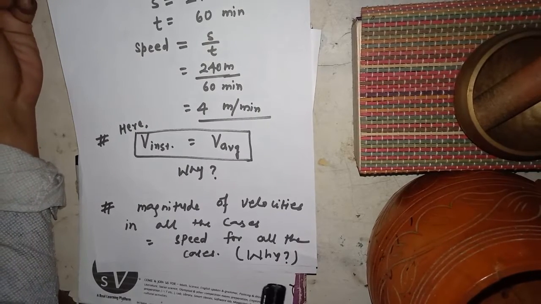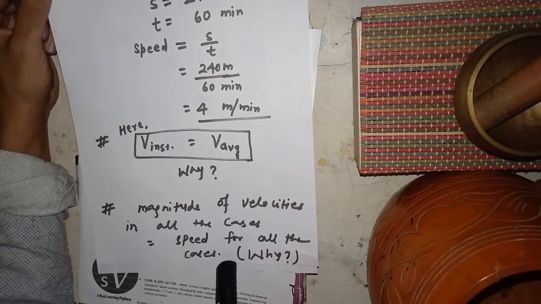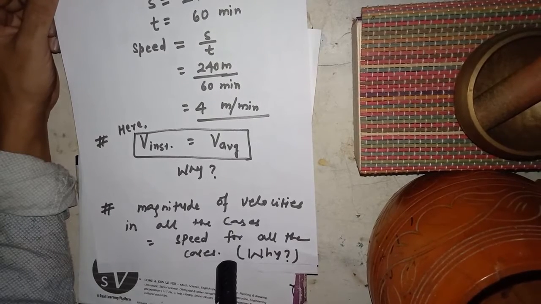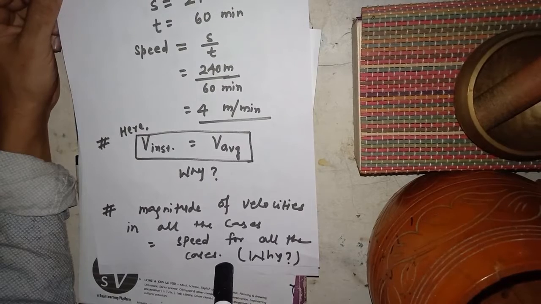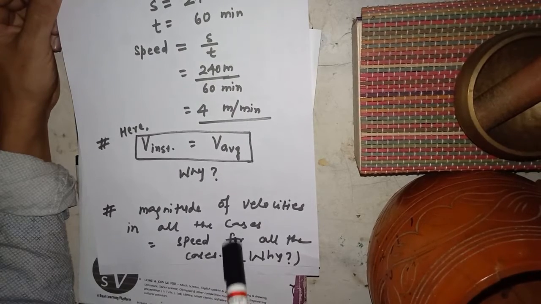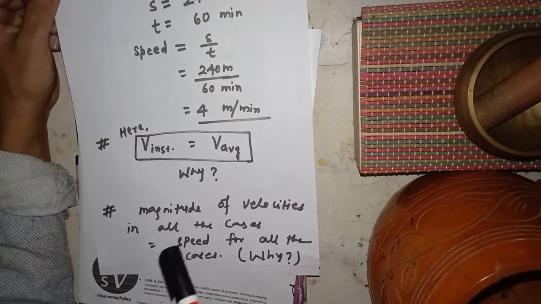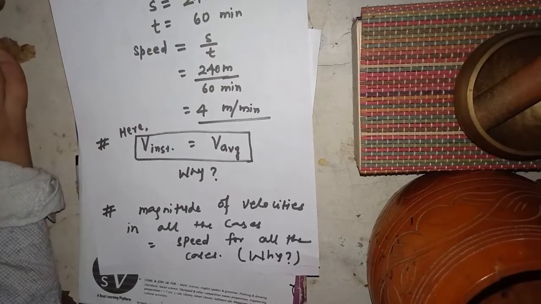That's why the average is also the same. And here the magnitude of velocity is nothing but the speed, because the direction is always fixed. If he walks in the direction of east, it means he walks at every point in the direction of east. That's why we don't bother about the direction, we only bother about the magnitude, and the magnitude of velocity is nothing but speed. Have you got my point?